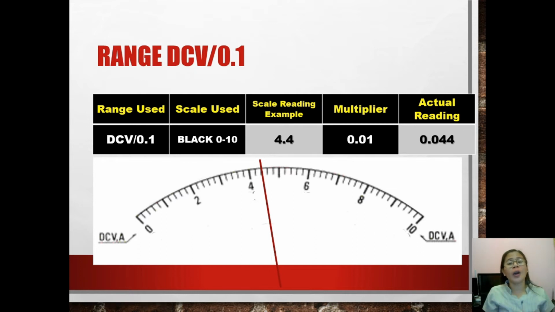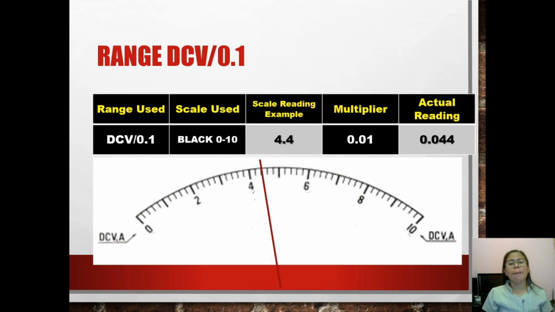That is why we got the scale reading 4.4, because the pointer in our multimeter fluctuates on 4.4. So 4, 4.2, and 4.4. That is our scale reading.